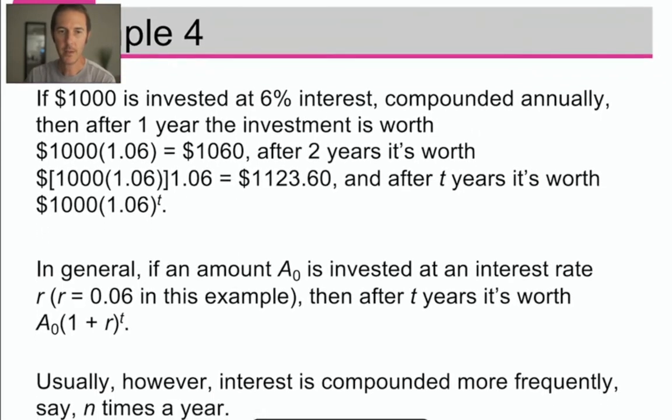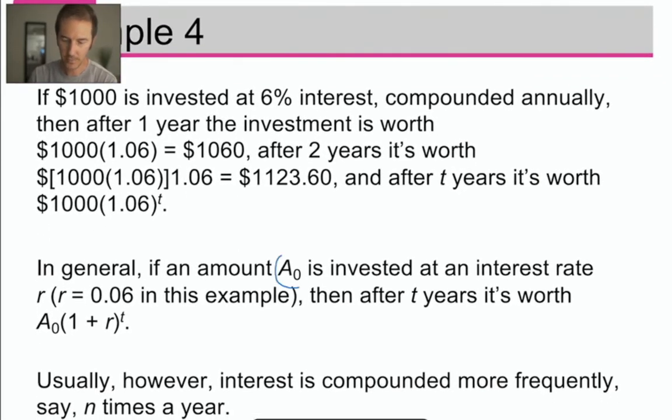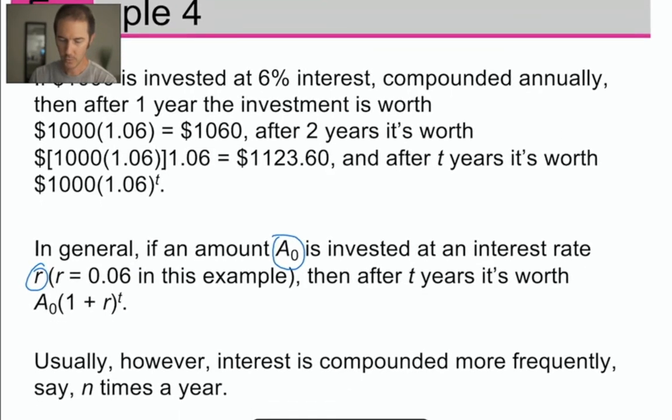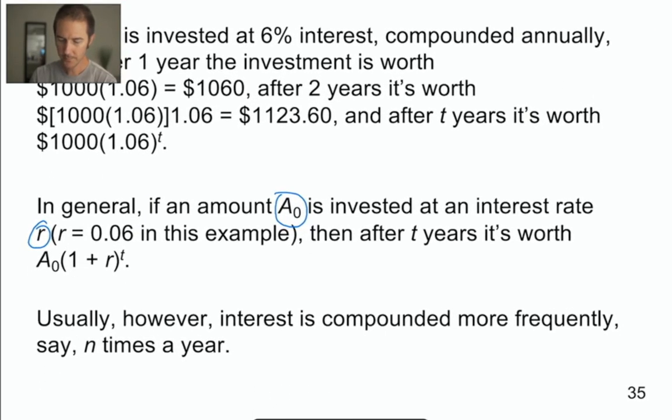Remember that if an amount A sub zero, a starting amount, is invested at a particular interest rate r, for example 0.06, which would be an interest rate of 6%, then after t years, its worth would be equal to this, because we're taking that starting dollar investment A sub zero and we multiply it by 1 plus the interest rate over and over and over again. That's compounding our interest annually. That's what this equation is.